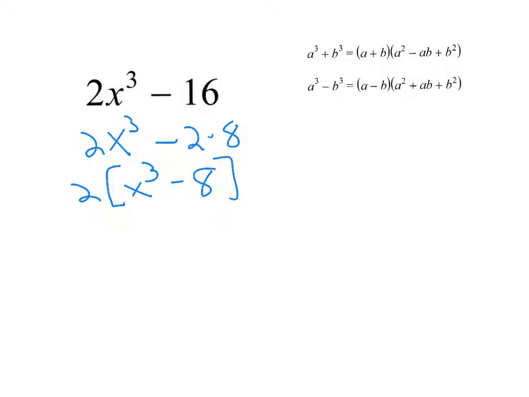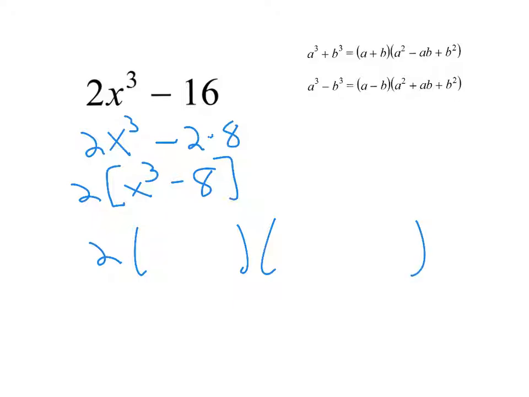Okay, so now we have that, and we're going to recognize that our A is x, our B is 2 now. And so our final answer will look something like this, with a 2 and some parentheses and some larger parentheses like that. So let's fill this up now.